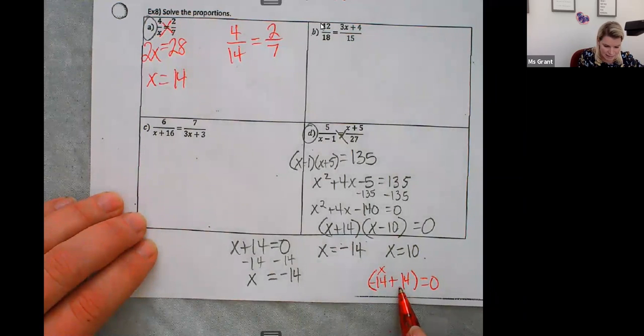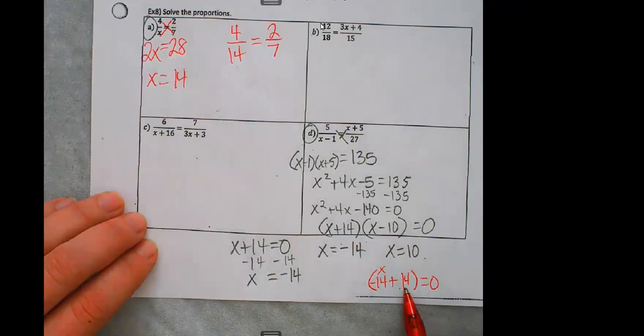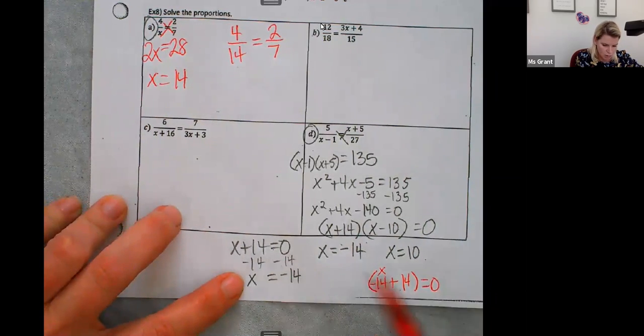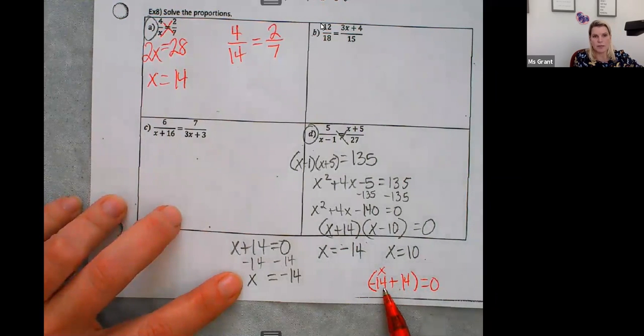It's the opposite sign that cancels it out. So there's another way to look at it. You can do zero product property and solve for x, or you can say, what number plus 14 makes 0? If I plugged it into the parentheses, it'd be negative 14 plus 14. That makes 0.